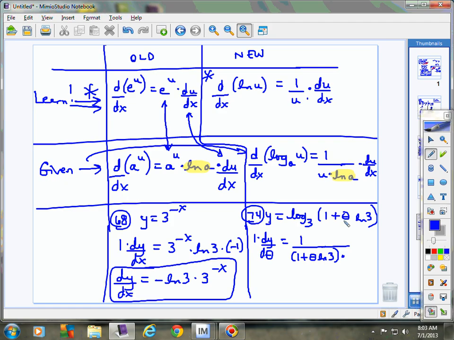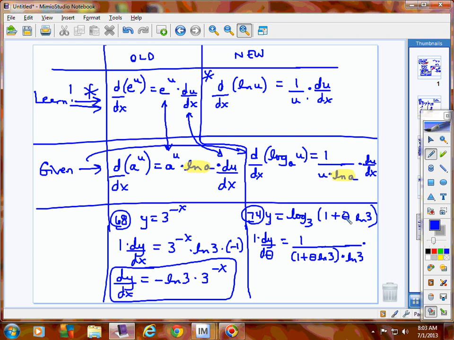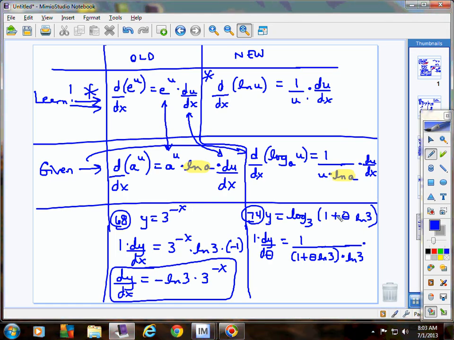Times log of the base. Base is 3. Times the derivative of the inside. What's the derivative of the inside? 0 plus, what if that were x? x log of 3 would have a derivative of 1 times log of 3. It's weird because the number's at the end, isn't it? 1 plus theta log of 3.